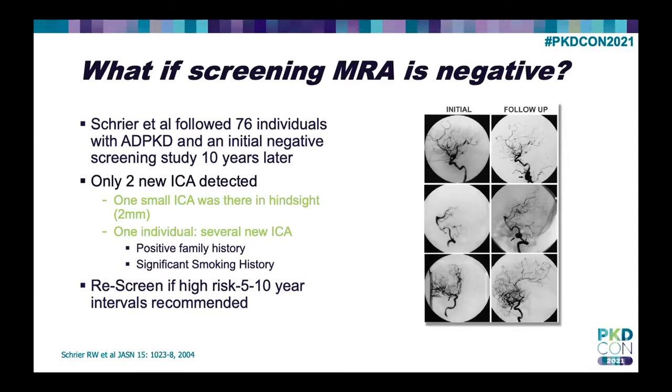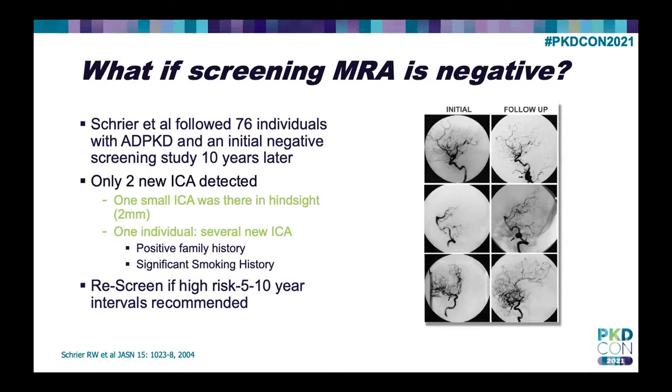In that group of individuals, he only detected 2 new aneurysms. So it's a very small rate. One was there in hindsight when they looked back, and there was only 1 individual who had several new aneurysms. This person was in a high-risk group because they had a positive family history and a significant smoking history.